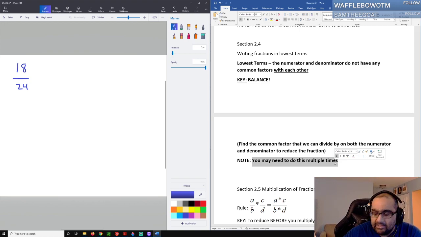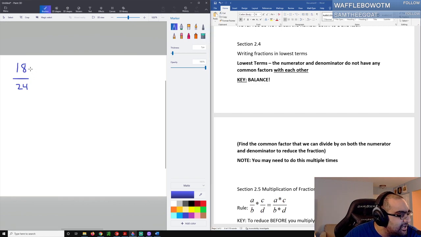That can happen. Okay. So in this particular case, let me do it two ways here. The first way that we can approach this is to divide by 6, since 6 is a common factor between 18 and 24.